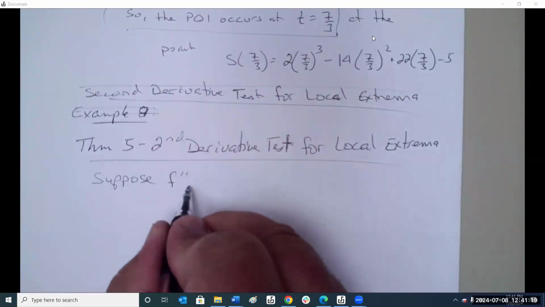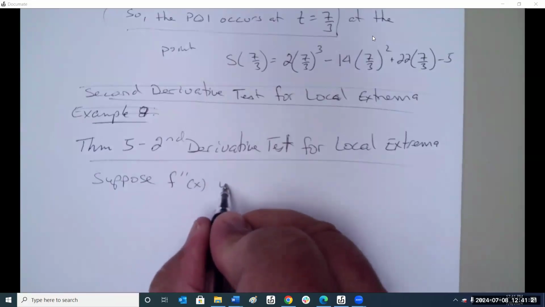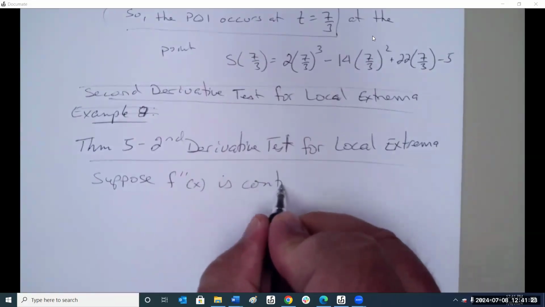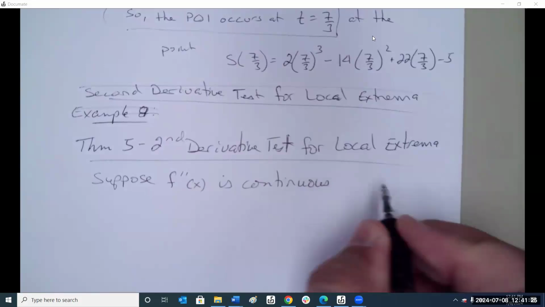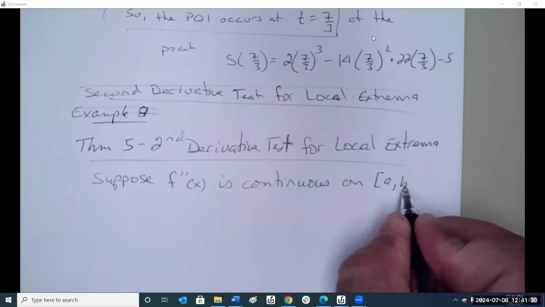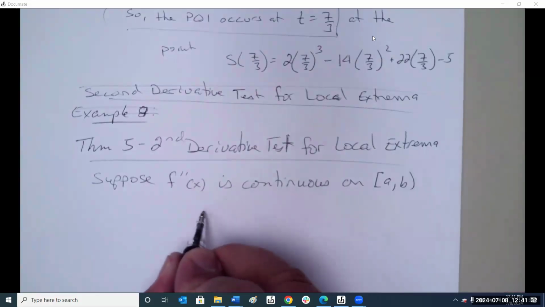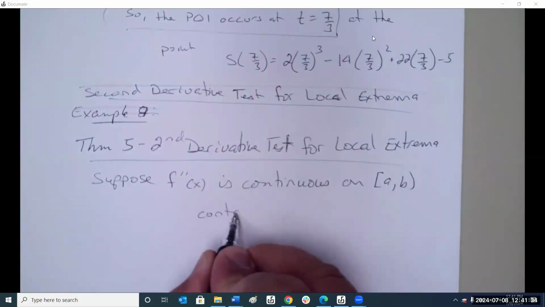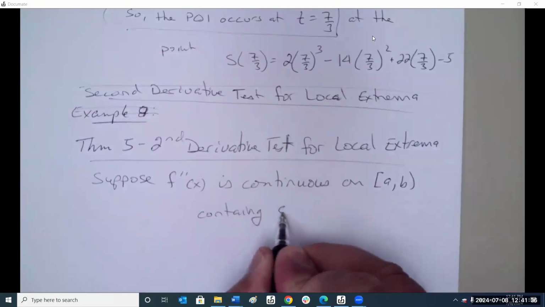Suppose that the second derivative of the function is continuous on AB, containing C.